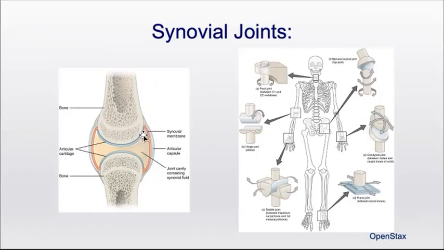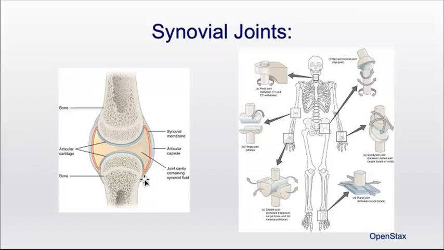You've got articular cartilage along each side of the joint that protects the bone and allows for fluid-like movement. Then you've got the synovial membrane that holds in all that synovial fluid, and the articular capsule, which keeps it nice and tightly contained within one space.